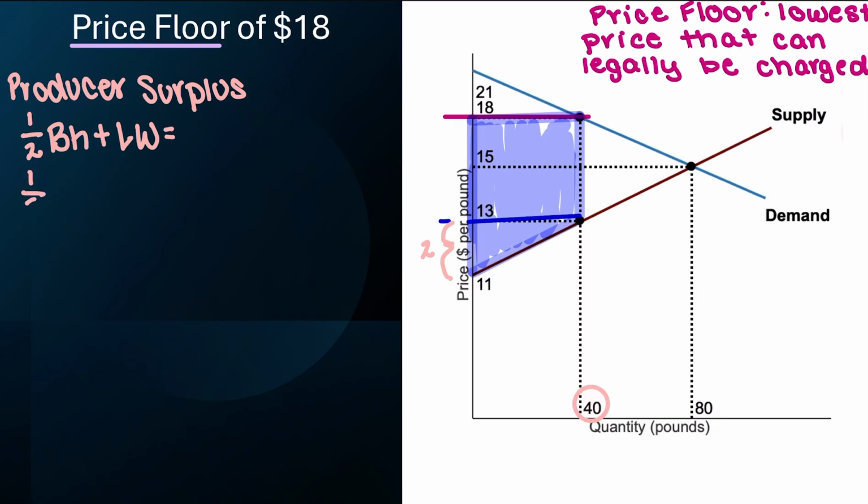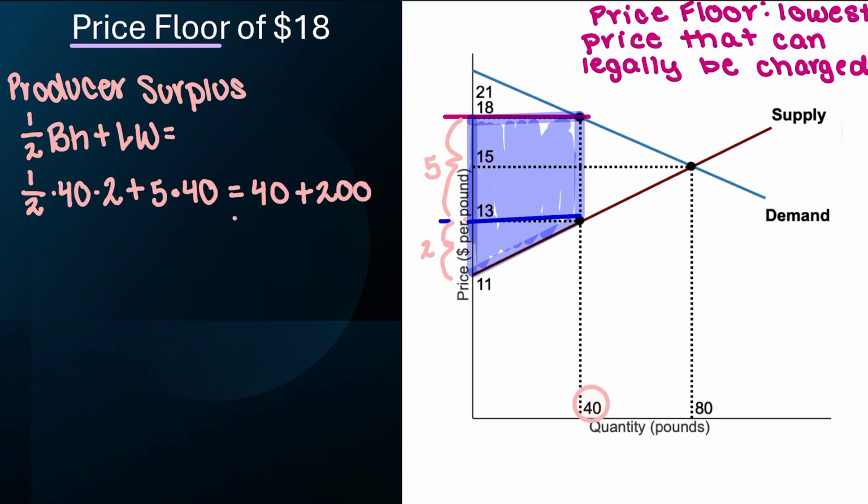So we're going to have 1/2 times 40 times 2, plus our length times the width of the little rectangle on top, which is 18 minus 13, which gives us 5. So 5 times 40. 1/2 times 40 times 2 is going to give us 40. 5 times 40 gives us 200. When you add that together, you get 240.